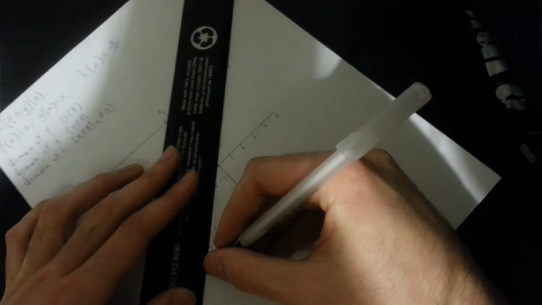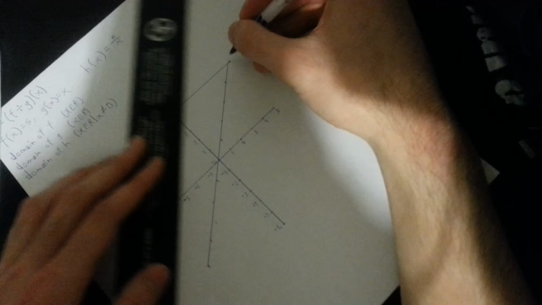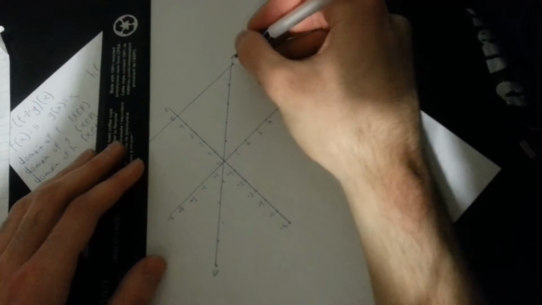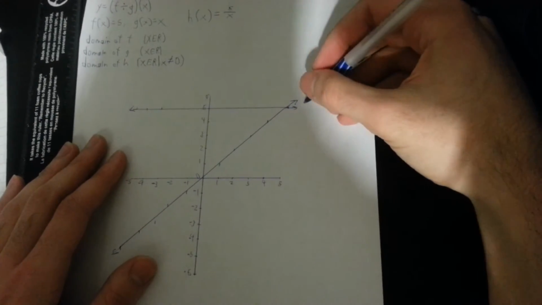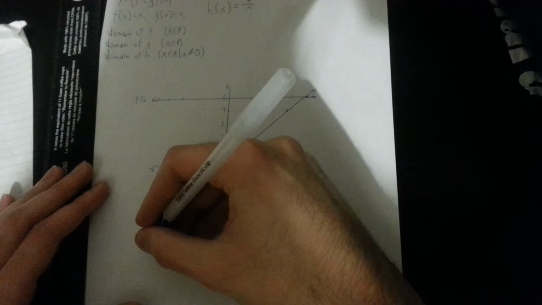And we're just going to draw a nice straight line. And just label this graph as this line is f of x, and this line is g of x.